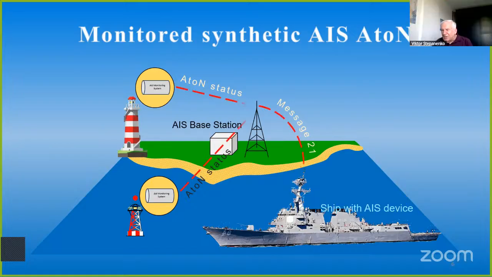Instead of installing an AIS appliance, the positioning device is connected to a monitoring system and transmits information about the AtoN status to the AIS base station, which broadcasts message 21. Given that its location is known in real time, monitored aids can be used on both floating and fixed AtoNs.